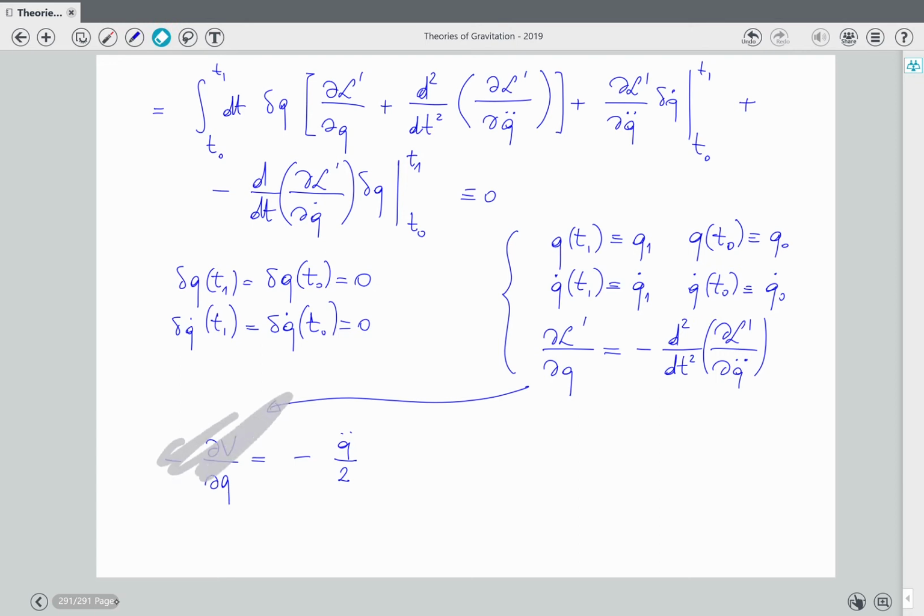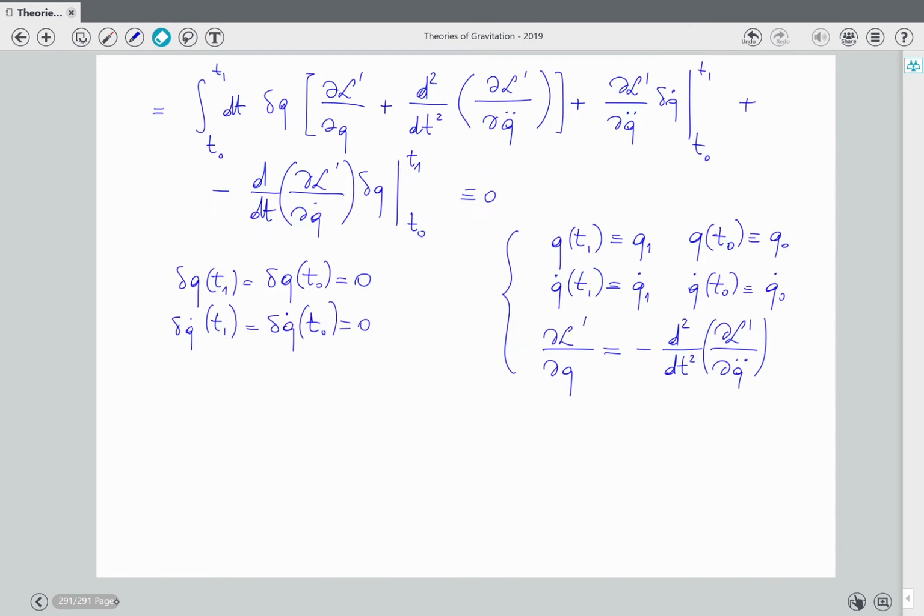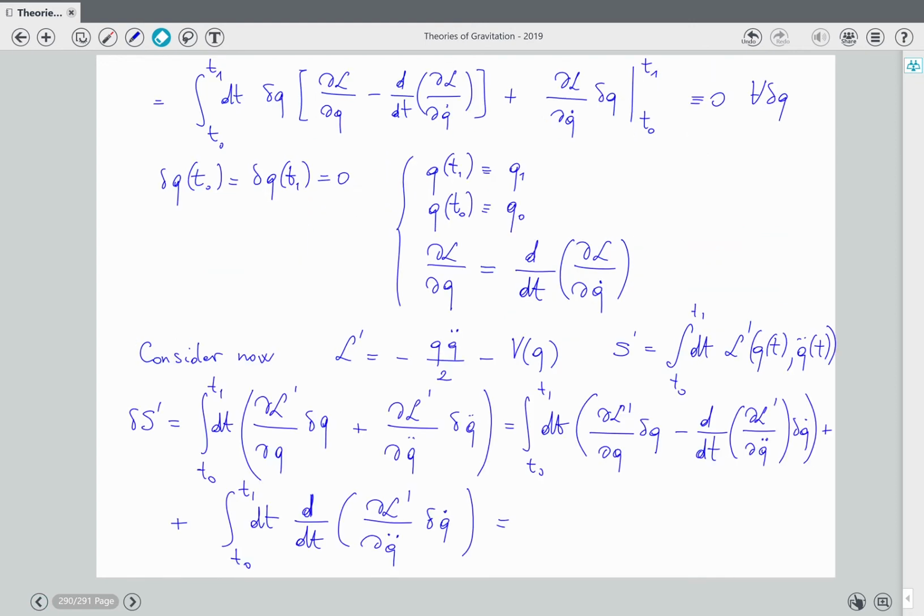There is an extra term, or not. So, yes, no, there is no extra term. It's only that there is an extra term in the derivative with respect to q, because you have to take the derivative also there.